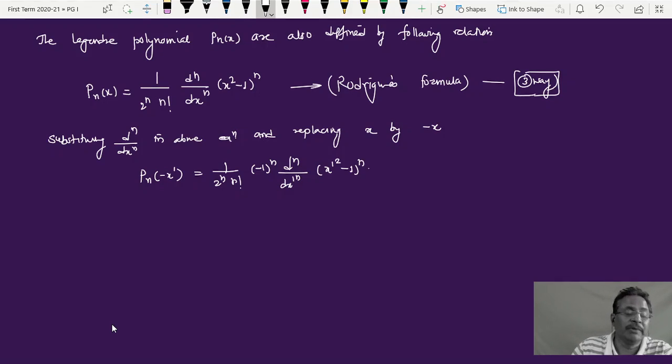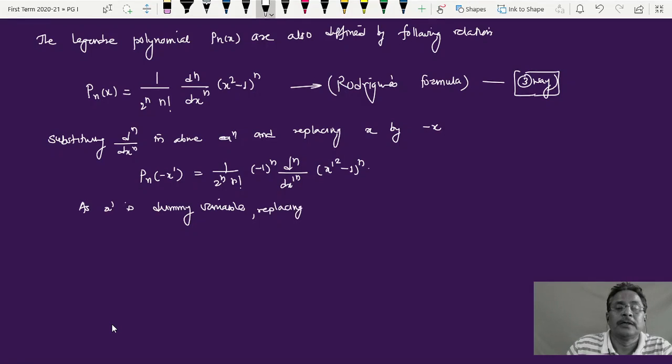And one more thing we are doing here, as this x prime is a dummy variable, I think it is a bit difficult for most students to understand why we are doing this. Doesn't matter, it's not that difficult. Dummy variable, replacing it by x we get.